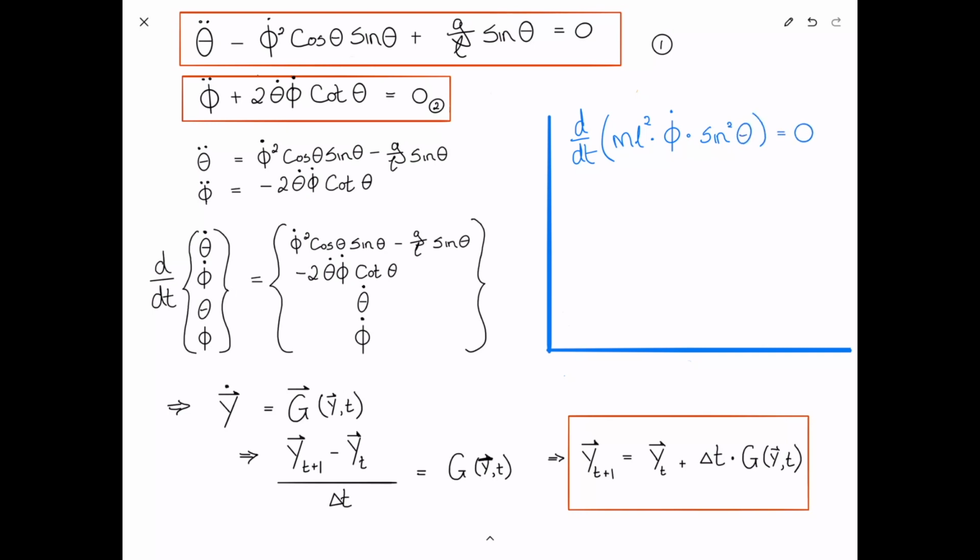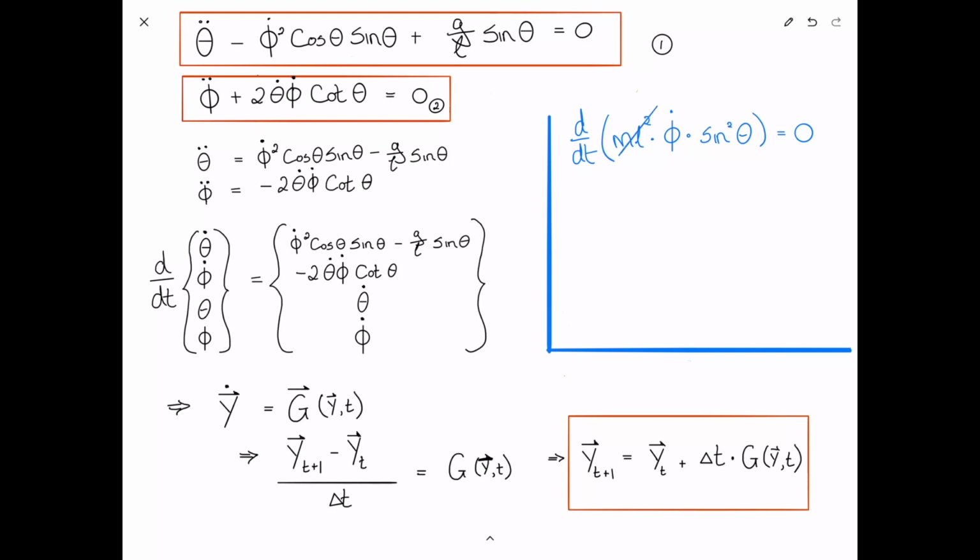When I took the derivative of this, I ended up with this equation. But if we take a step back, what this is saying is really that the change in angular momentum is 0. So this term, which is the angular momentum about the vertical axis, is conserved. So I could say that that is equal to a constant.